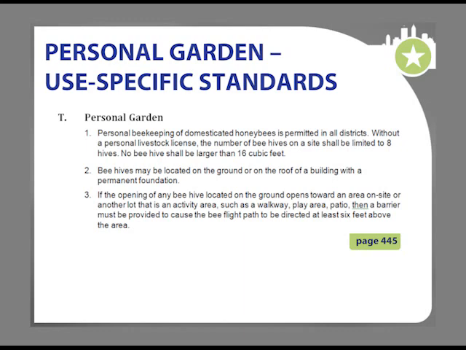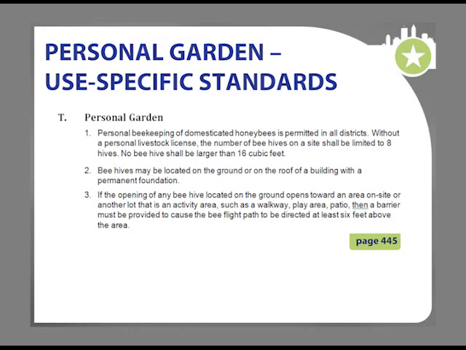However, because personal beekeeping is a part of the personal garden, there are some provisions that restrict where you can do personal beekeeping. The key thing is that they must be domesticated honeybees. And by right, you can have no more than 8 hives, and no beehive can be larger than 16 cubic feet. But you are allowed to have up to 8 hives.